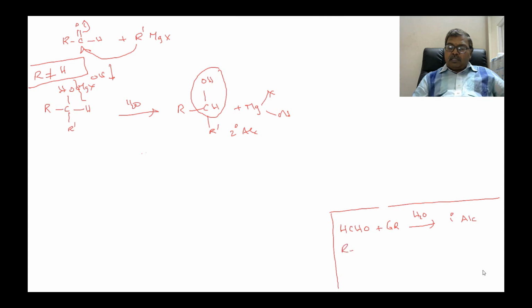Now, RCHO, R not equal to H, plus Grignard reagent followed by hydrolysis yields a secondary alcohol. Very, very, very important, remember. Very, very important for entrance examination.